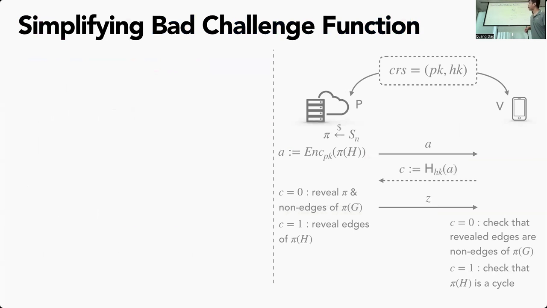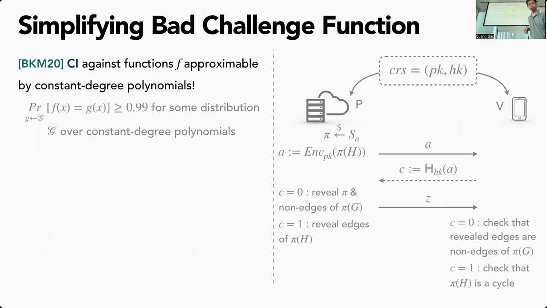Okay. So how can we simplify this? Here we follow a previous framework by Brakerski-Koppula-Mour, and they showed that it suffices to actually just have correlation intractability against functions f that are approximable by constant degree polynomials. What that means is that your functions f have some probabilistic representations by some constant degree polynomial g that may range over some distribution of constant degree polynomials.